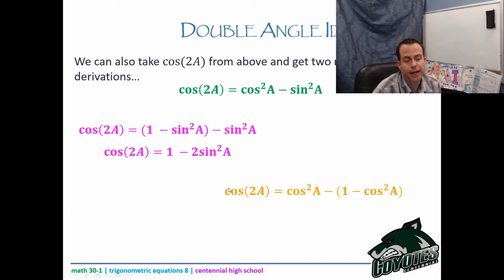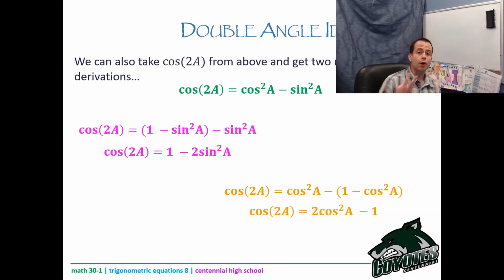So essentially it has to be in brackets. So we end up with cos 2A equals cos squared A minus, and then here's my substitution. The sine squared A is 1 minus cos squared A. Now, that negative distributes to both of those terms. So I end up with a negative 1 here, but this is a plus cos squared A. So cos squared A and cos squared A give me 2 cos squared A, and then the minus 1.